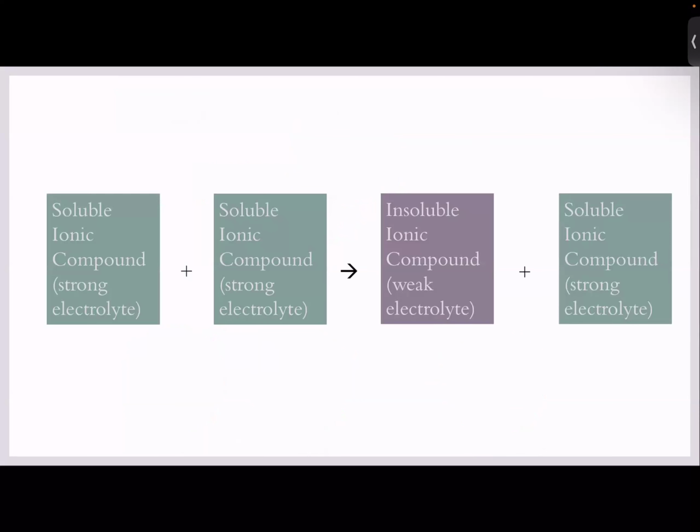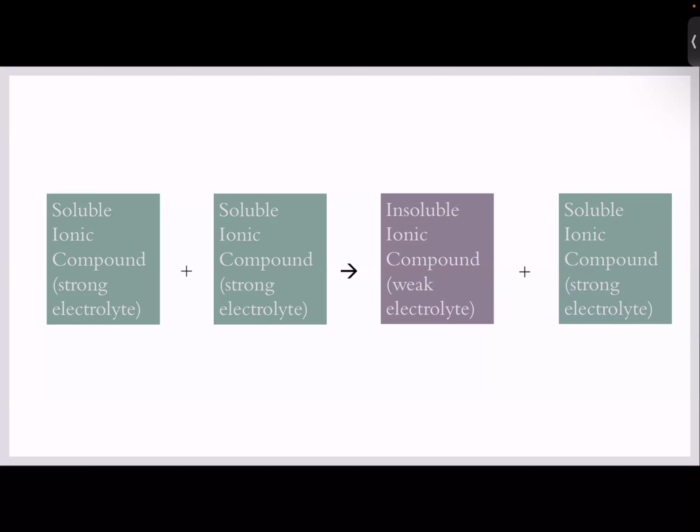In other words, we had a soluble ionic compound, which was a strong electrolyte, the potassium iodide. We had a soluble ionic compound, which was the lead 2 nitrate. Those two combined to form an insoluble ionic compound, meaning a solid precipitate, which was the lead 2 iodide.